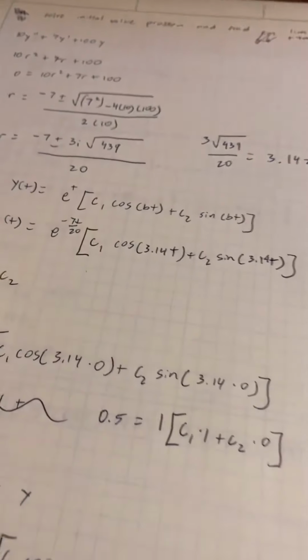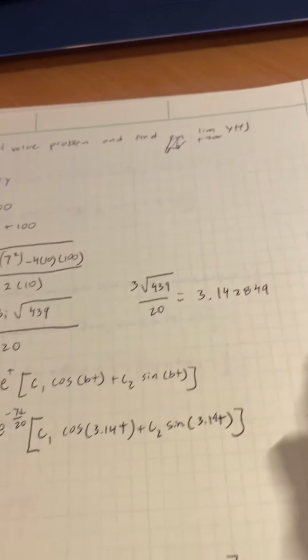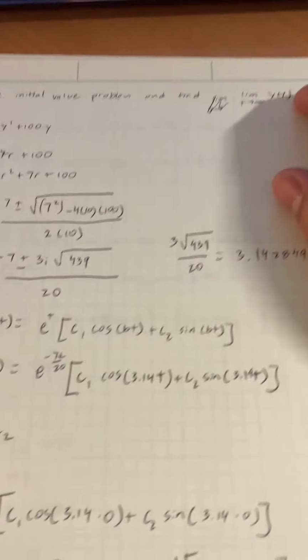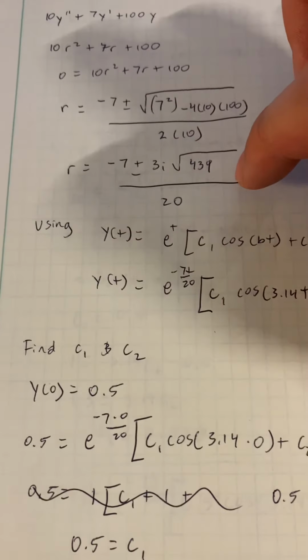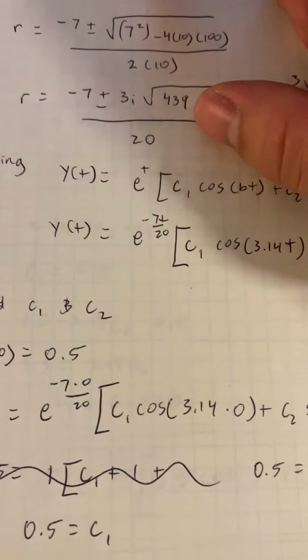So the next part here is going to be a little more complex. It wants us to solve the initial value problem and find the limit, as t goes to infinity, of y of t. First step here, I broke it down using the quadratic formula, since it has non-real roots and we have i here.